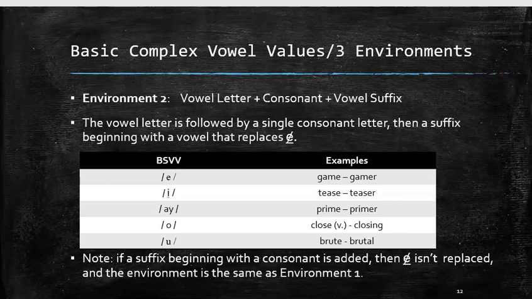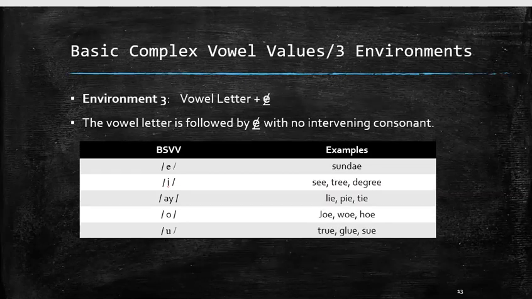All right, so moving right along, the third and final environment that we're going to be considering here is one in which the vowel letter occurs adjacent to a silent E. This is not the most common, however, it does occur.